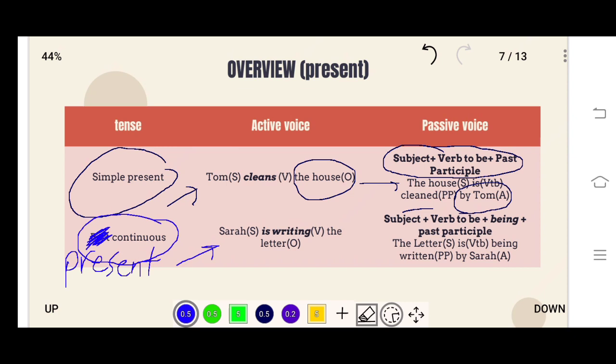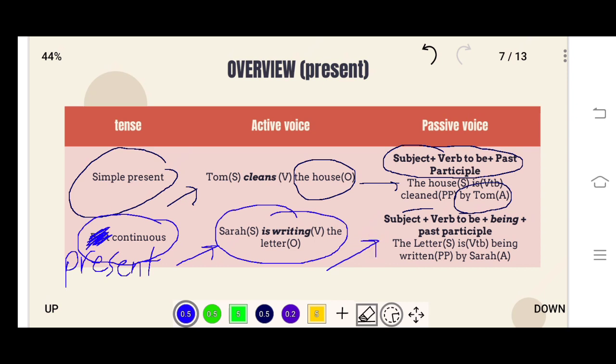Basically, in the present continuous tense, the active voice is Sarah is writing the letter. We add the verb to be, and then we add ing to the verb. So we change the active voice of the present continuous to the passive voice.